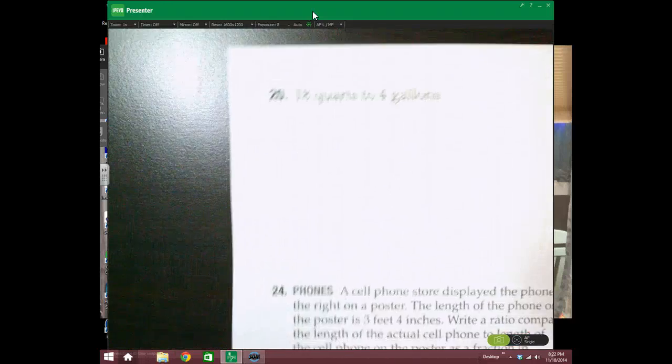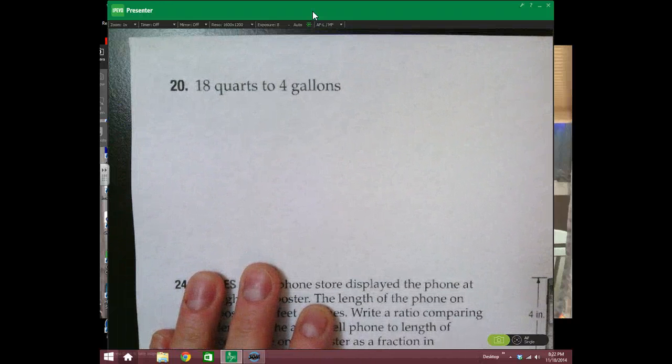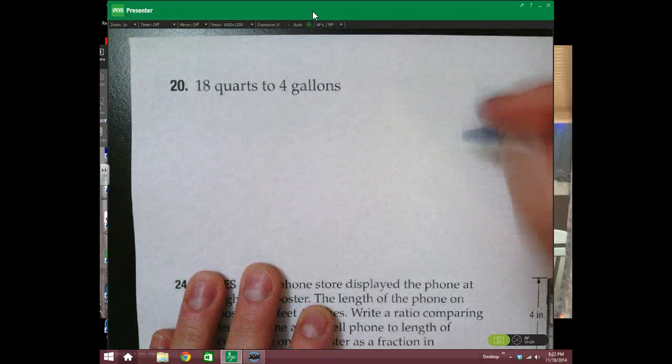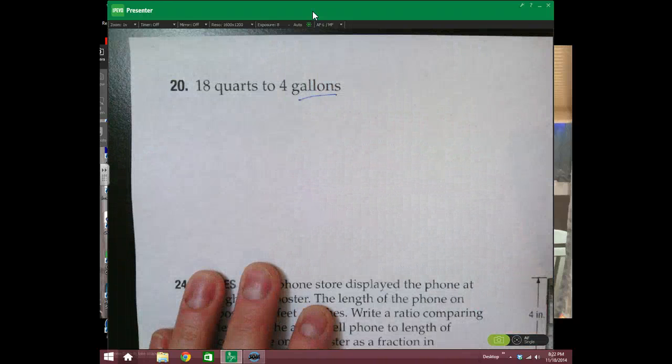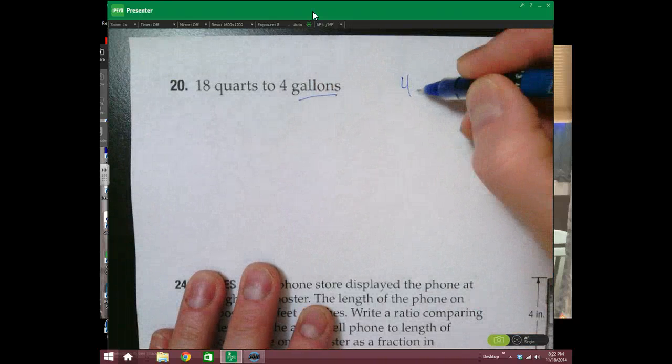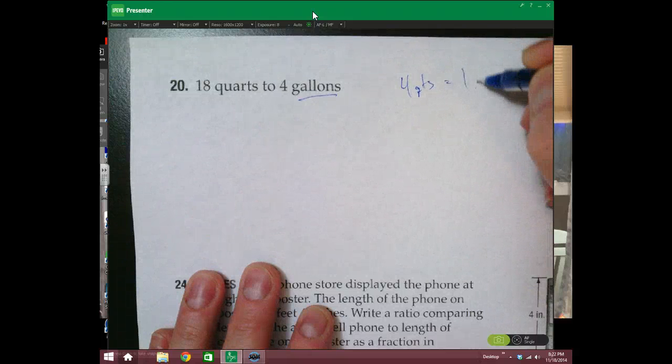Another one we did like this in the section involved gallons and quarts. This one is one people generally aren't quite as familiar with. We don't really use quarts as much to measure things. But gallons is the larger of the two, and there are 4 quarts in 1 gallon.